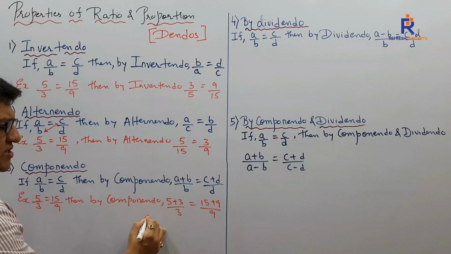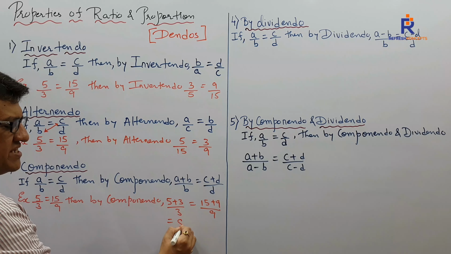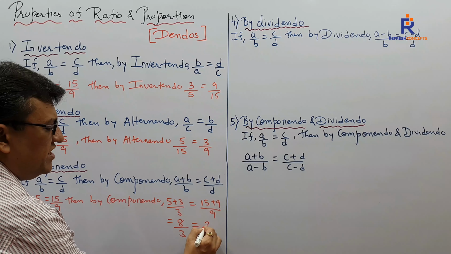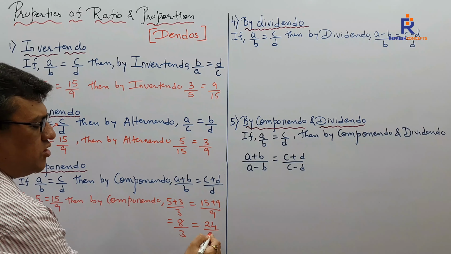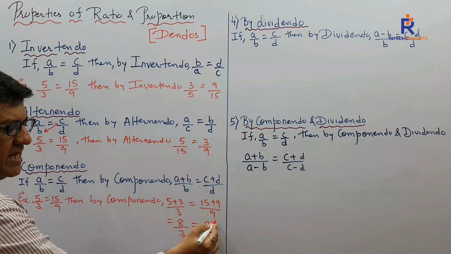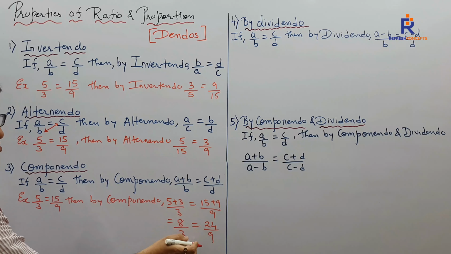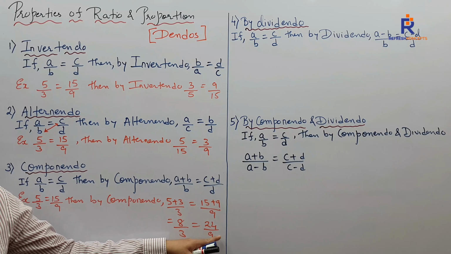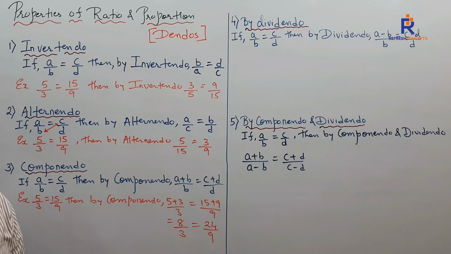Check it out, children. How much is 5 plus 3? 5 plus 3 is 8 by 3. How much is 15 plus 9? 24 by 9. Children, on cancelling, this can also be said as 3 8s are 24, 3 3s are 9. So again, I'm going to get 8 by 3.